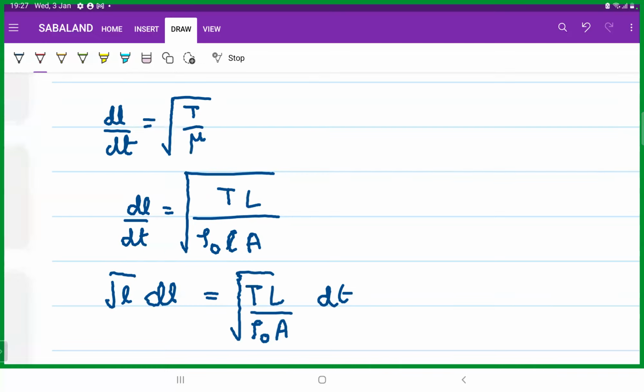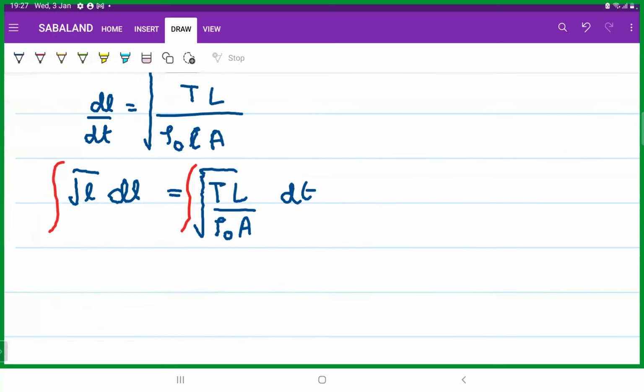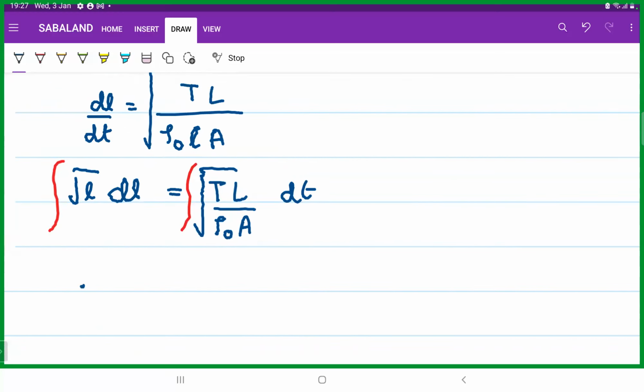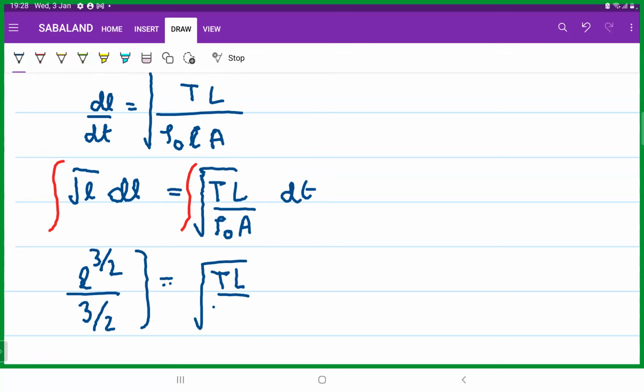Now let's just integrate both sides. This will be l to the power 3 by 2 divided by 3 by 2, equal to root T L by rho naught A. Integrating dt will just be t, because there is no variable t on the right hand side.